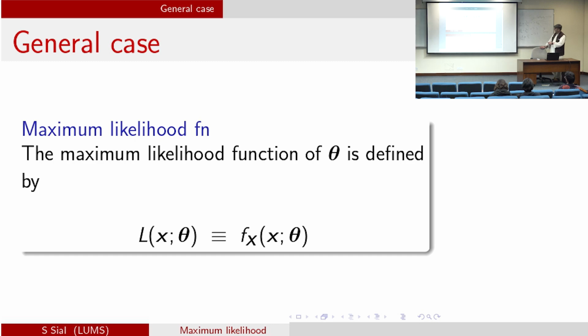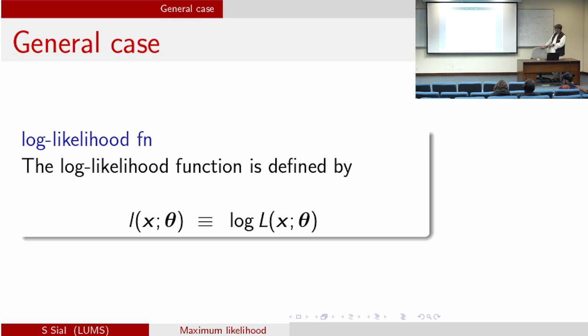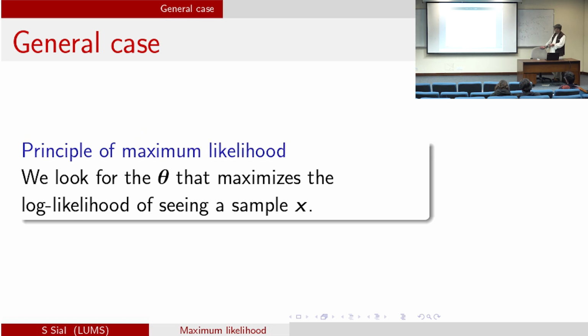This probability is called the maximum likelihood function. We will take the logarithm of that, usually written small l, and the principle of maximum likelihood is we look for the theta that maximizes the log likelihood function.